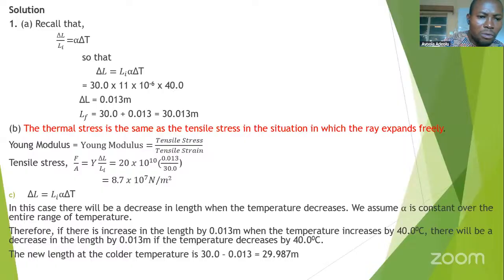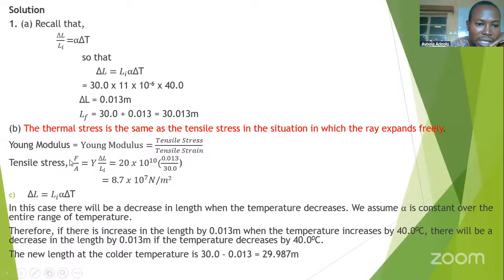What we do is just calculate the tensile stress from this simple relation. Oh, sorry, I wrote Young modulus two times. Young modulus is equal to tensile stress over tensile strain. That's why they give you Young modulus in the question, but you know how to find tensile strain. Tensile strain is just the change in length over the original length.